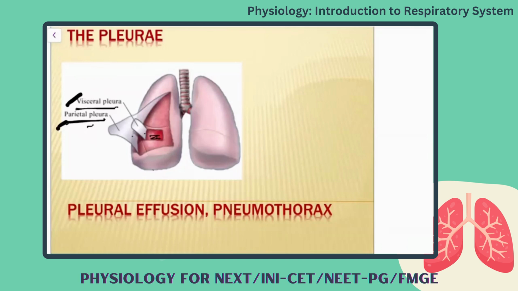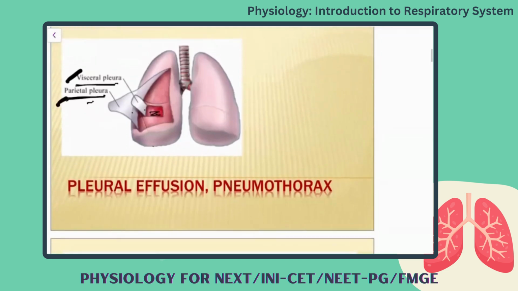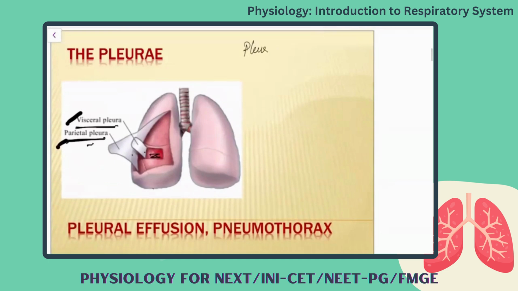in the venous return, which is one of the important factors in maintaining the cardiac output. That intrathoracic pressure is present in the intrathoracic space. The intrathoracic space is also called the pleural space. That is the space between the visceral and parietal pleura.